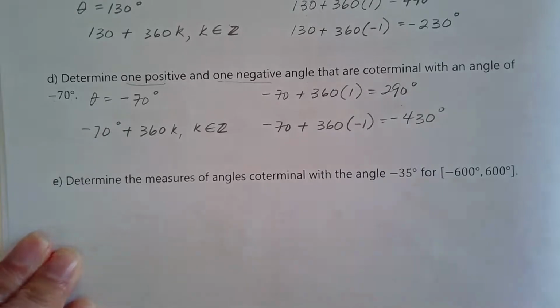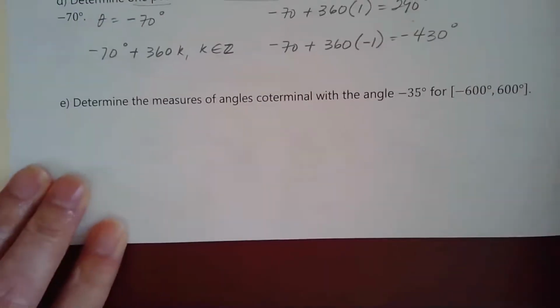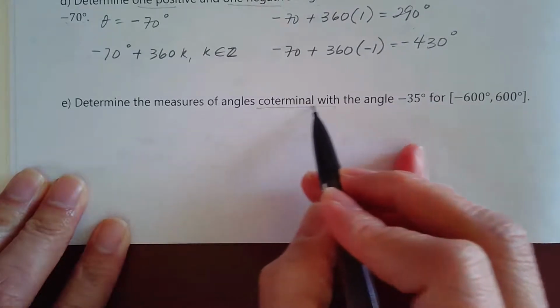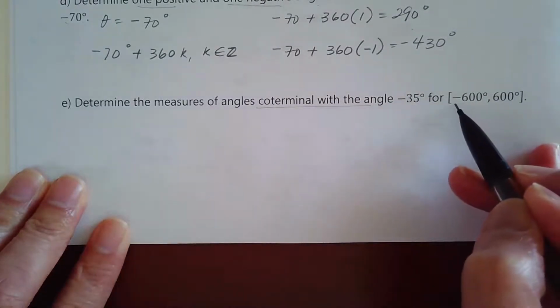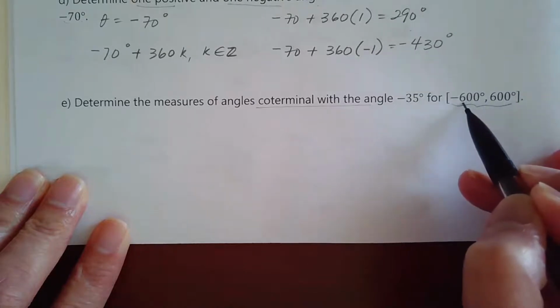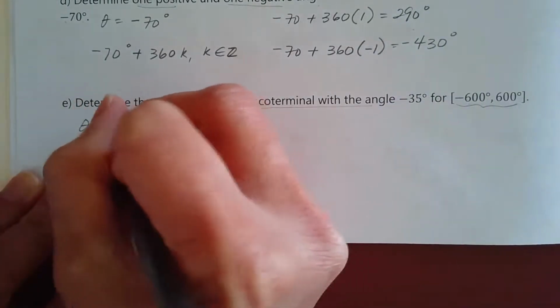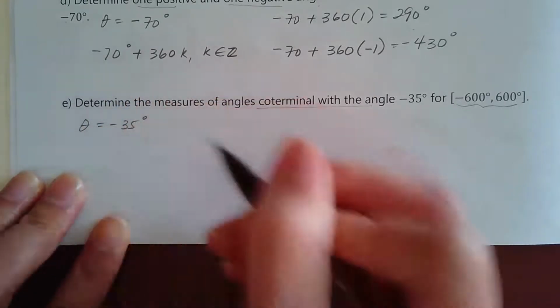Okay, so finally, letter E. We're going to look at the measures of coterminal angles, and they have to be between negative 600 and positive 600. So our theta is negative 35 degrees.